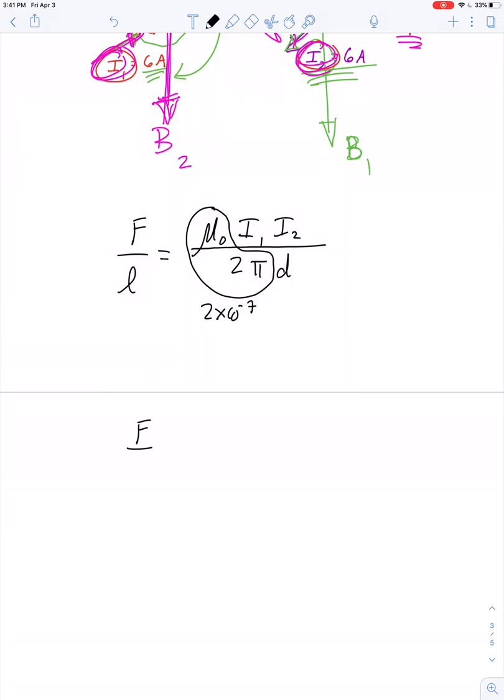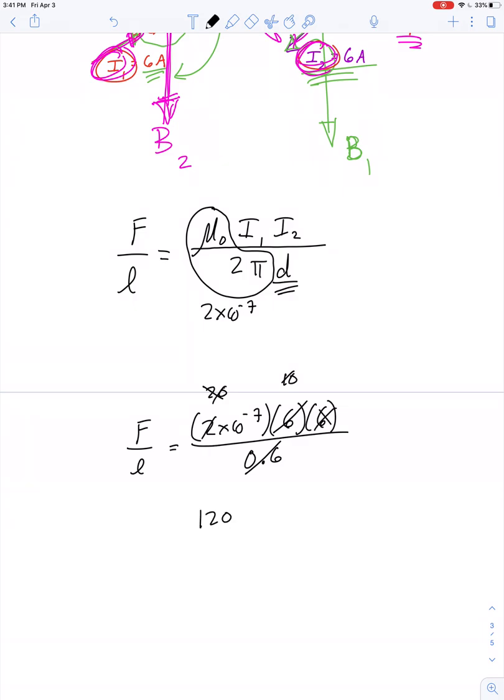So we have a force per unit length equal to 2 times 10 to the negative 7th times 6 divided by the distance d, which was 60 centimeters or 0.6 meter. So 6 divided by 0.6 is 10. 2 times 10 gives us 20, and 20 times 6 gives 120. So we have 120 times 10 to the negative 7th force per unit length.